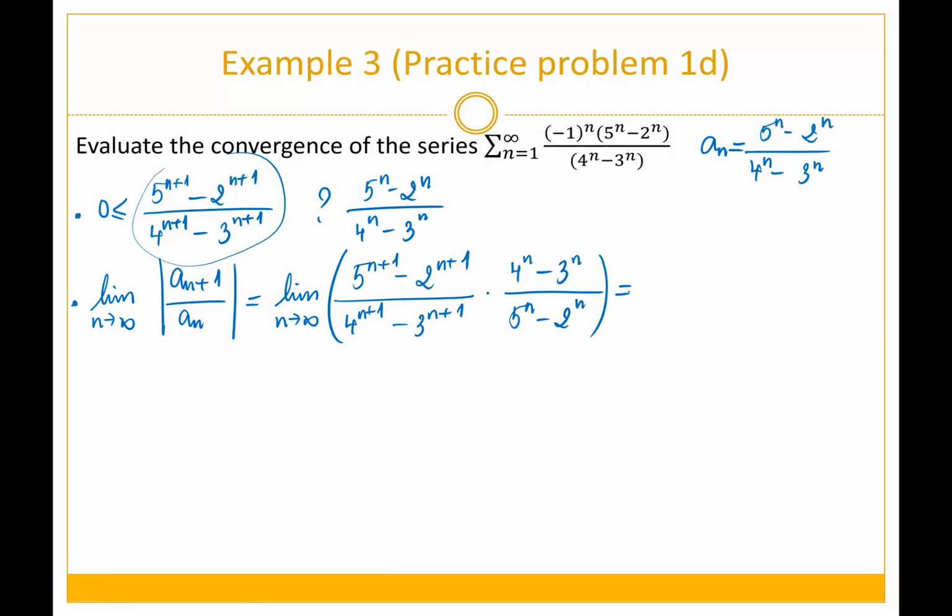Now things are easier because now you're going to take the limit as n approaches infinity. Let's look at the dominant term in the numerator and denominator.